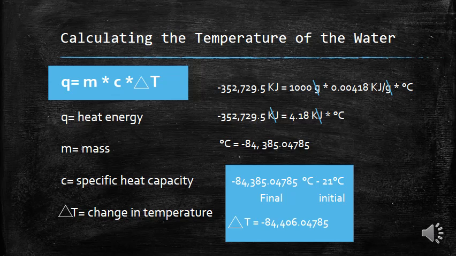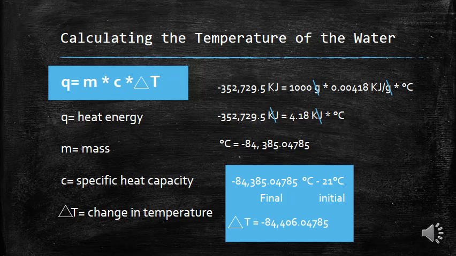Now we are going to be calculating the temperature of the water, and we are going to use the equation Q equals m times C times delta T. In our equation, Q is equal to the heat energy, and we solved for this a couple slides ago when we were solving for the energy released or absorbed if 250 moles of product is created. And we got a positive number for that, but in our equation, it's negative 352,729.5 kilojoules.